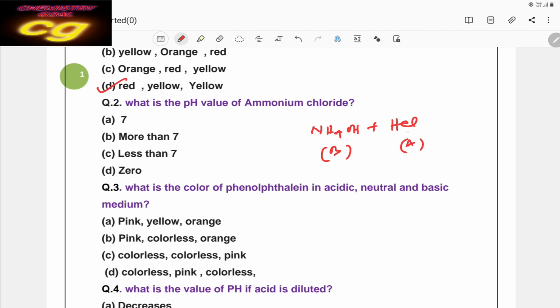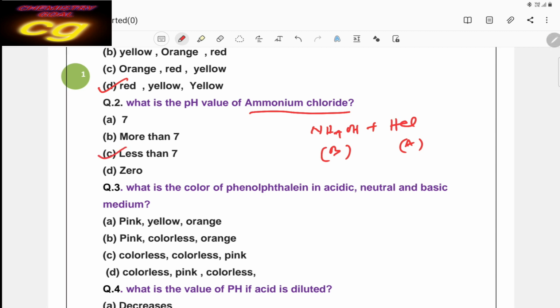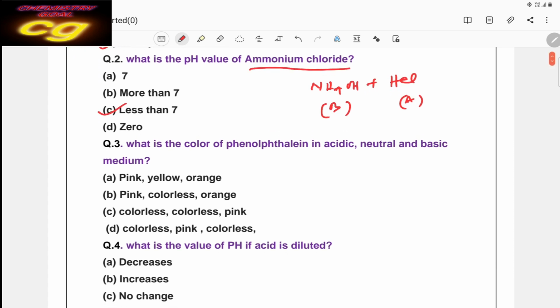As hydrochloric acid is a strong acid and ammonium hydroxide is a weak base, ammonium chloride is an acidic salt. As it is an acidic salt, the pH value is less than 7. So the answer is C.